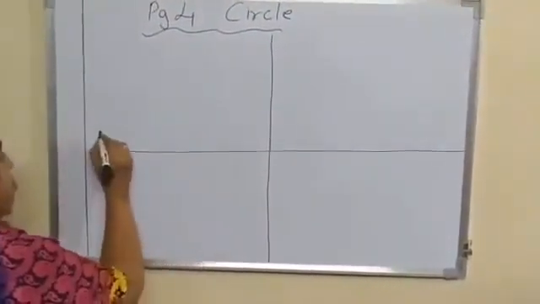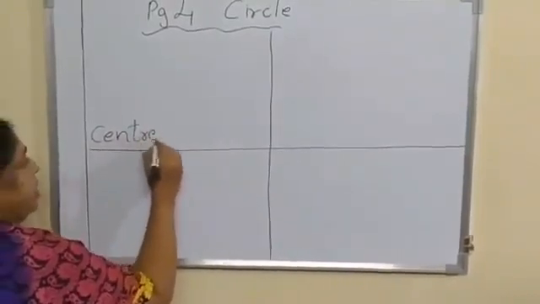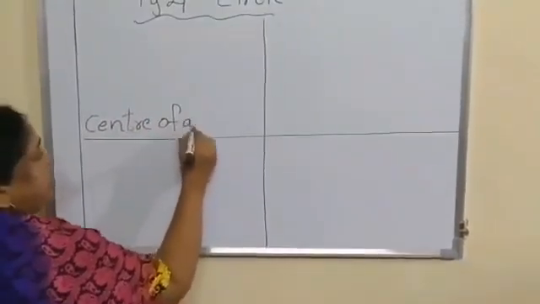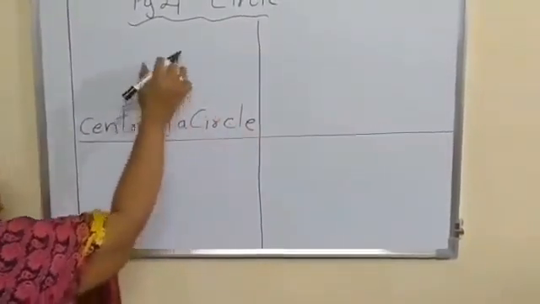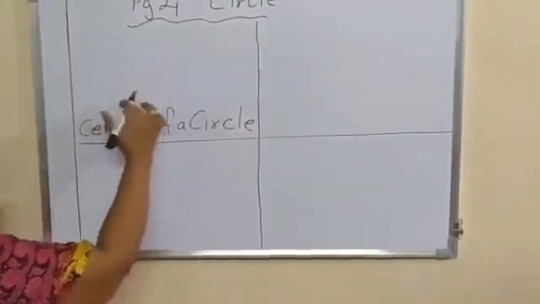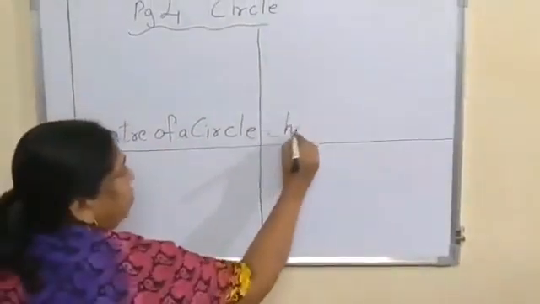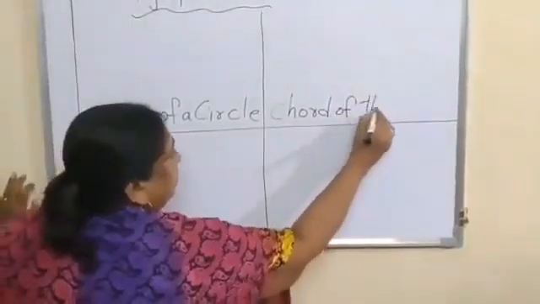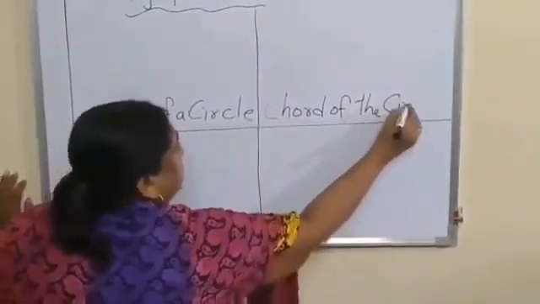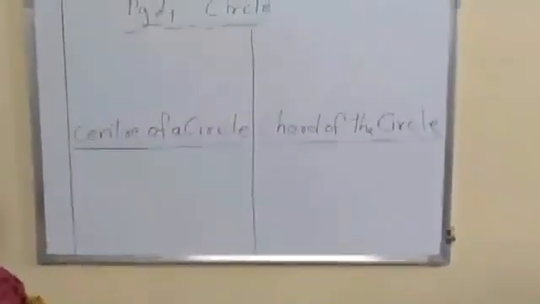In this first box, you will write here center of a circle, and here you will stick the craft paper of the circle which is showing the center. In the second box, you will write the chord of the circle, and here you will stick the craft circle which is showing the chord.